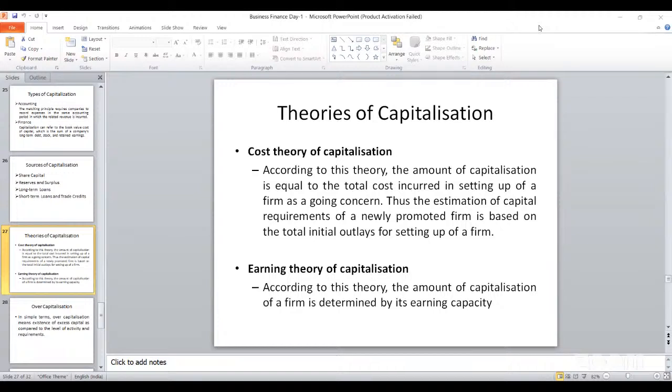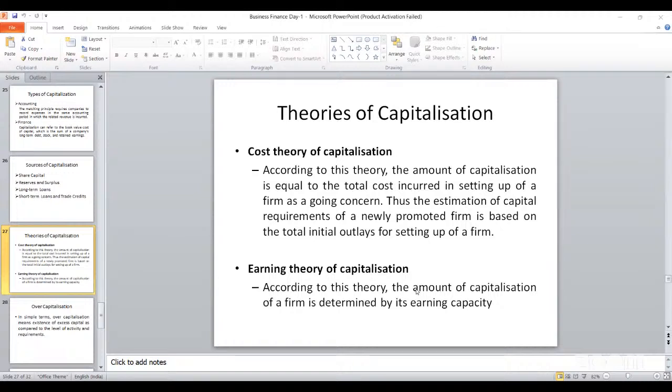The cost theory of capitalization is basically useful for those firms in which you have fixed capital more than your earnings. For such cases we use this theory, where the fixed capital is more than your regular earnings, for example, construction or a public utility concern.